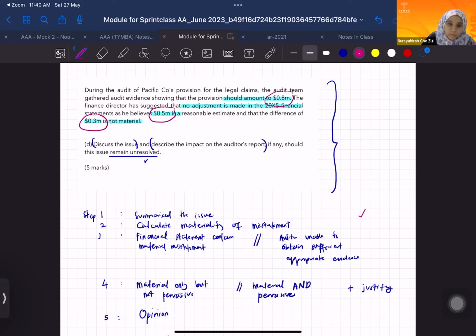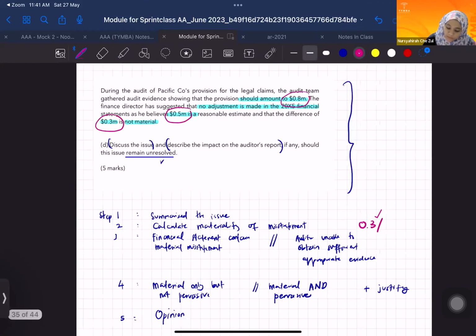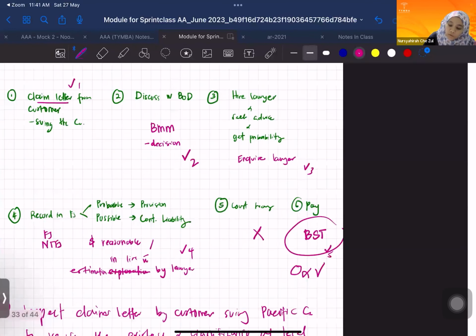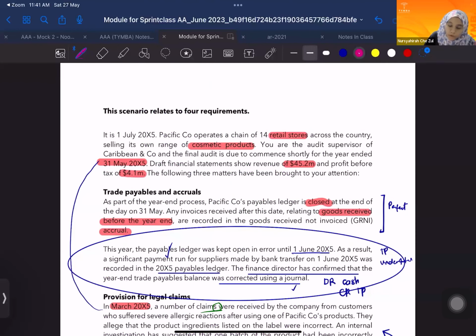So you are going to calculate materiality using the difference, using the misstatement. So misstatement of 0.3 million divided by what? Look into the figures relative to the same. You have to divide by revenue or whatever figure is given here, and also PBT.